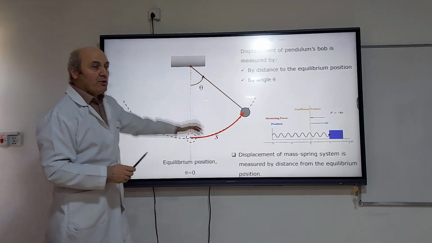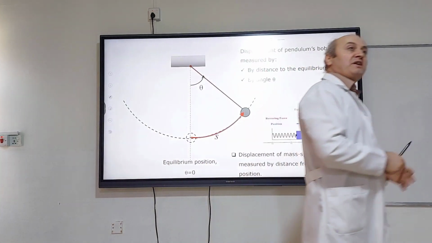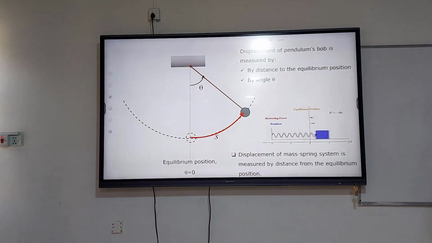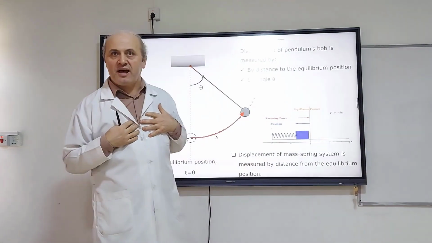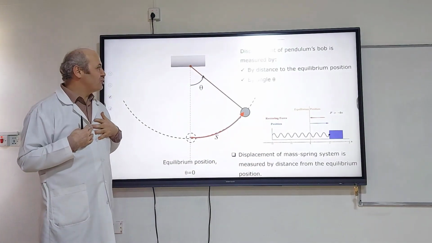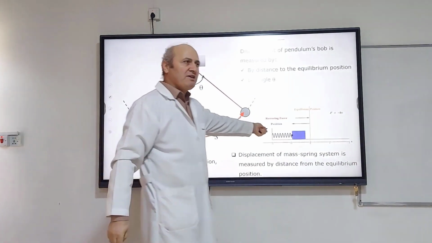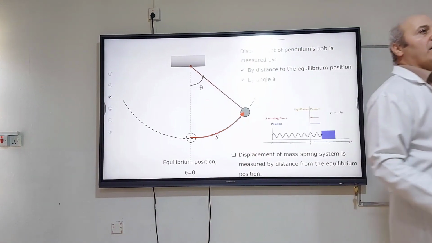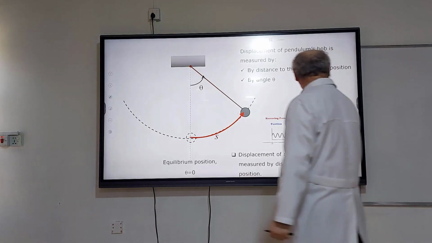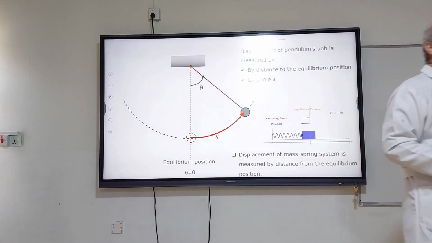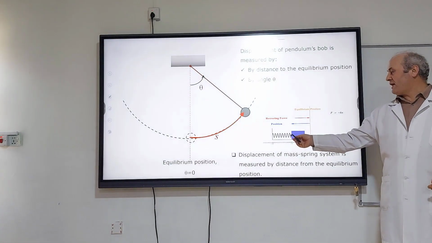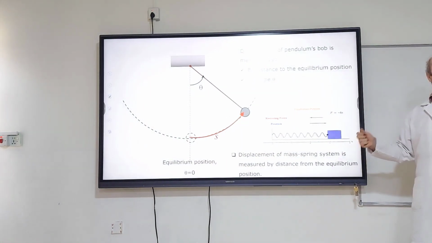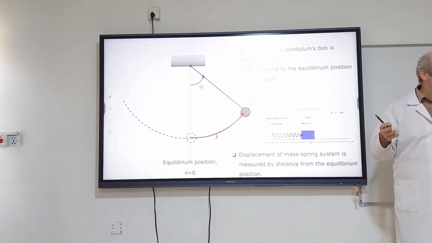Okay, so we are going to check for restoring force. If there's a restoring force in this vibrating simple pendulum, then I am going to say that it's a simple harmonic motion. Before, in the vibrating mass-spring system, we measured the vibration by the distance of the mass from the equilibrium position, maximum displacement on the left, then on the right, in centimeters or meters.